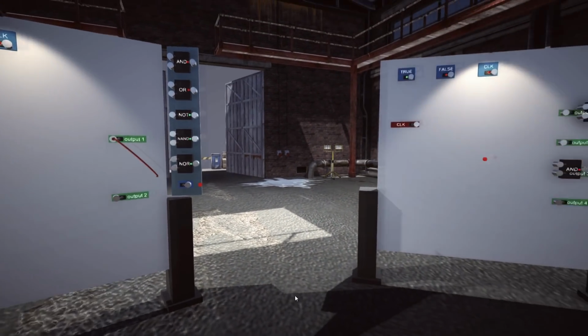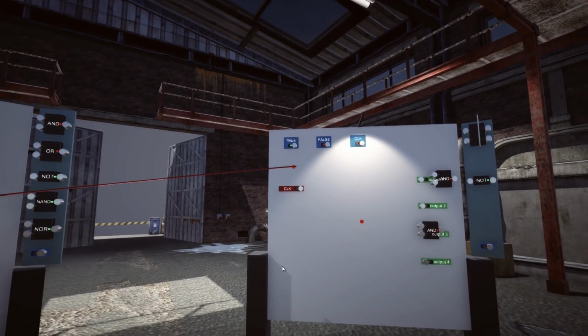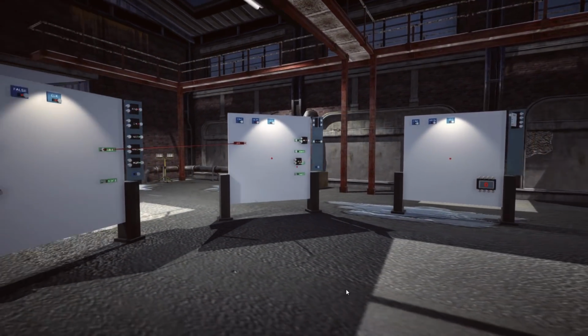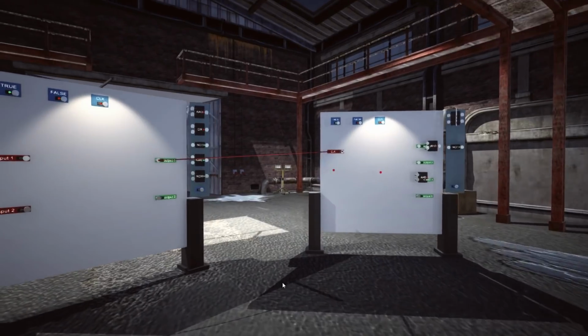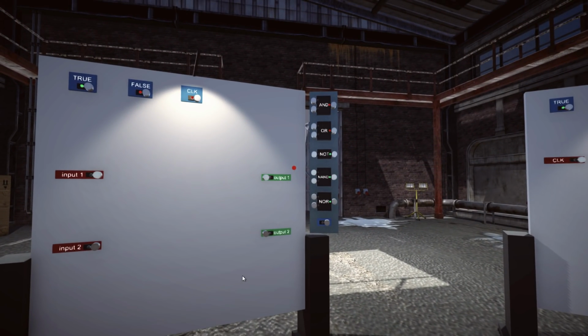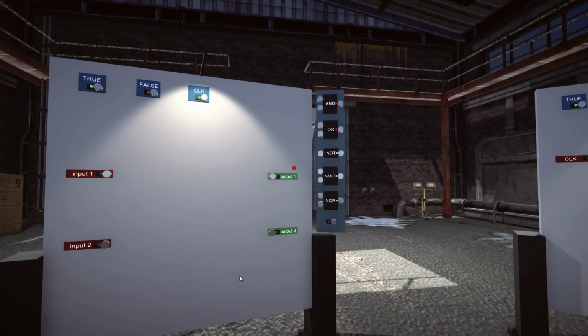You can connect the output of that one to the input of this one, like this, and just build connections between boards. I didn't want it to be a 2D schematic, I wanted it to be physicalized in the same way that Turing's code-breaking machine was.